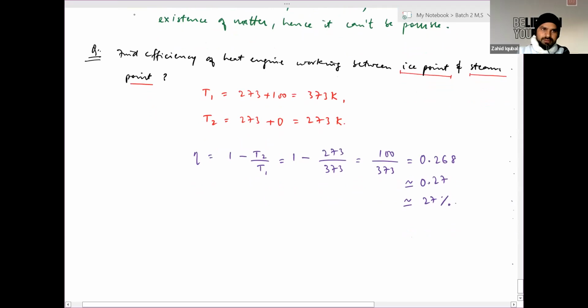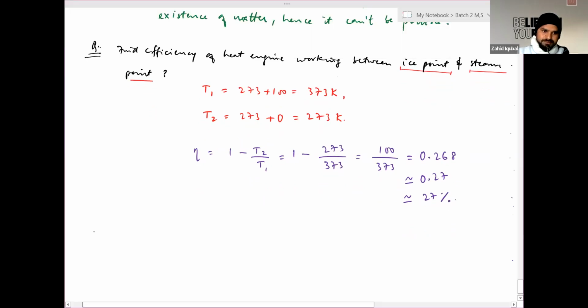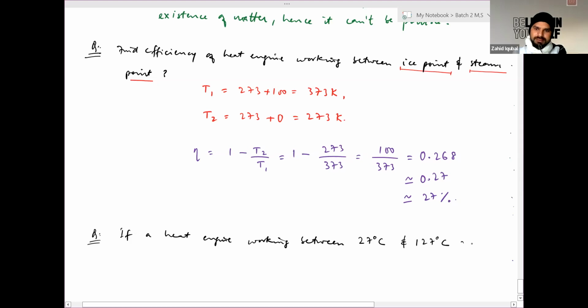Now, if a heat engine working between 27 degrees Celsius and 127 degrees Celsius absorbs 2 kilojoule from the source, find first efficiency, second amount of work, and third heat ejected out.